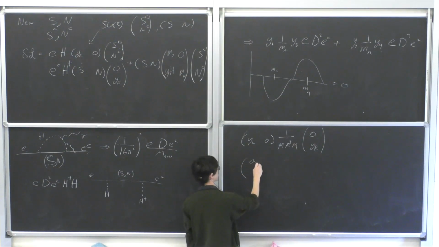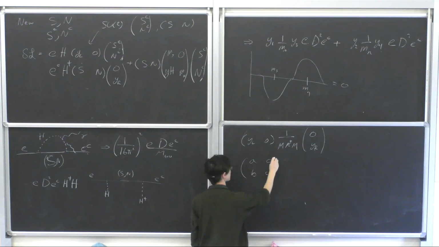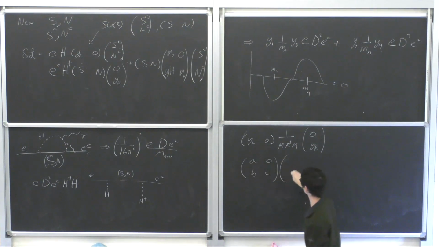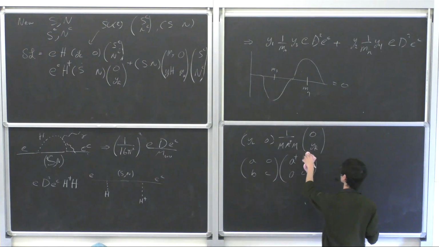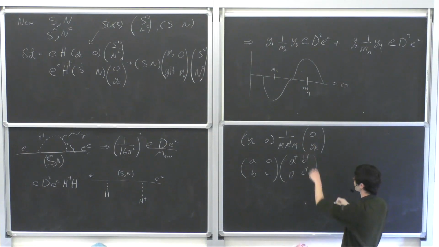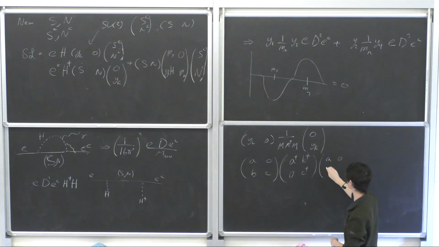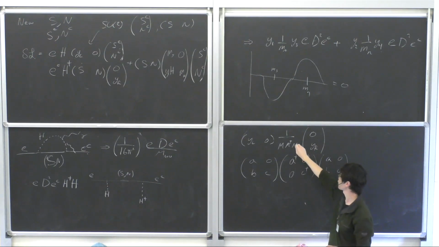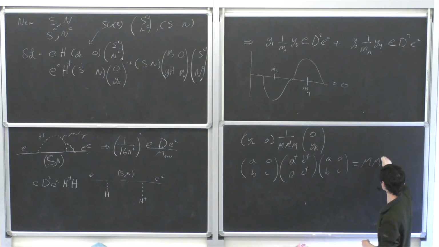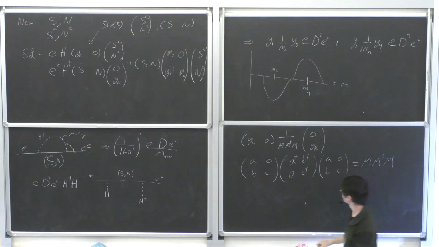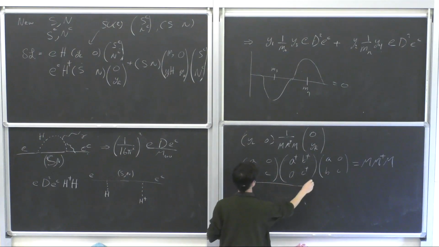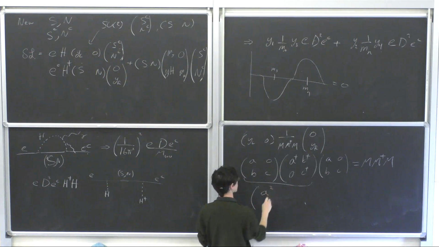So here's my matrix M, A0, B, C, times M dagger, A, B dagger, 0, C. You can hopefully see I'm just being lazy here because my main point is to show things are very non-zero. So I'm just calling them A, B, C. A0, B, C. This is M dagger, M. Let's see. A squared.